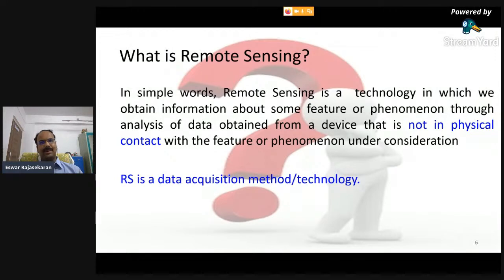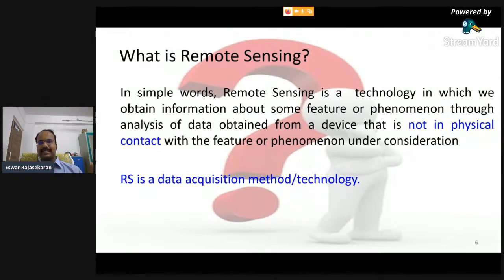The satellite acquires images from a good distance from the actual area of our interest. So the data that we collect is not in a physical contact mode, but using a remote mode. That is, we are collecting the data remotely, and we analyze the data further to get more information about the object or phenomenon of our interest.